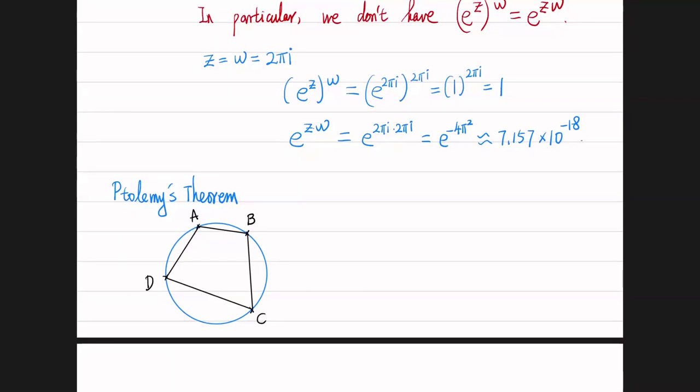So this ABCD, we call it a cyclic quadrilateral.